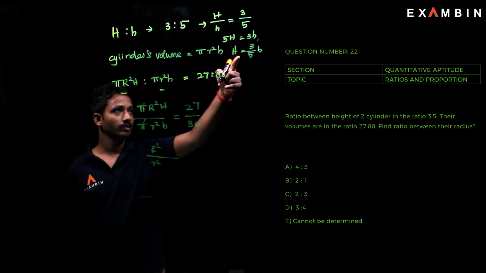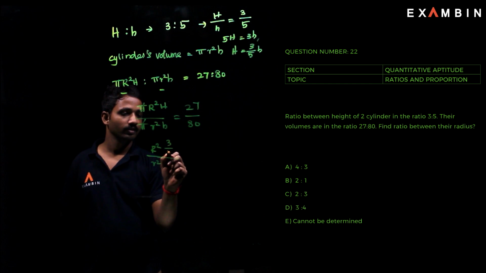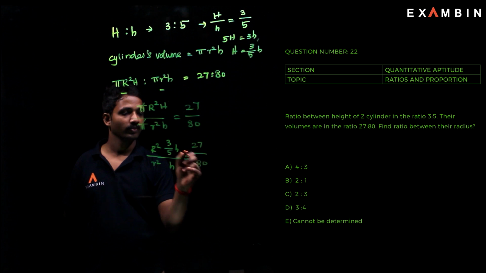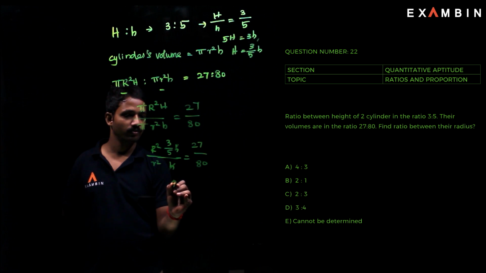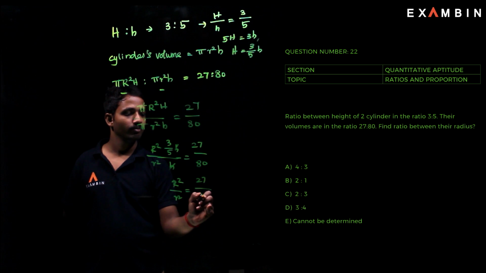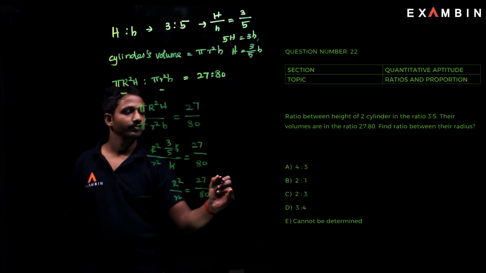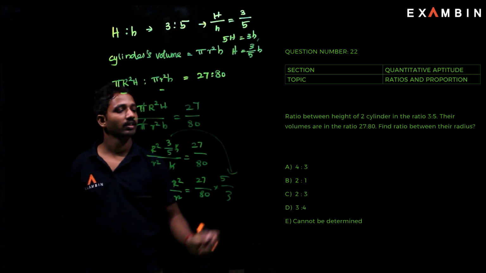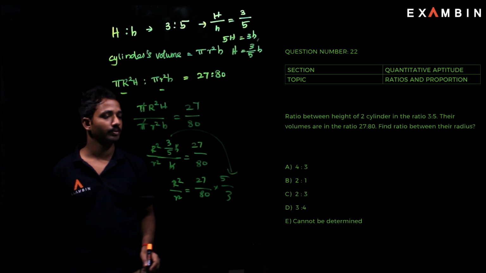Capital H I am going to replace with 3/5 small h, equal to 27/80. So h and h will go off. R square by r square is equal to 27/80 into 5/3. This 3/5 comes here, so I am changing the denominator and numerator.